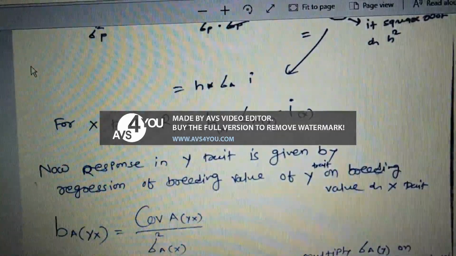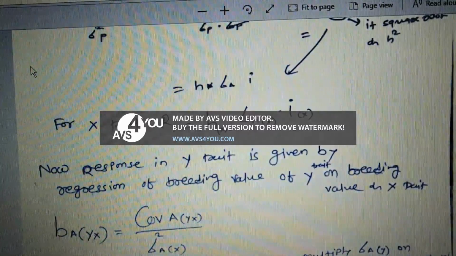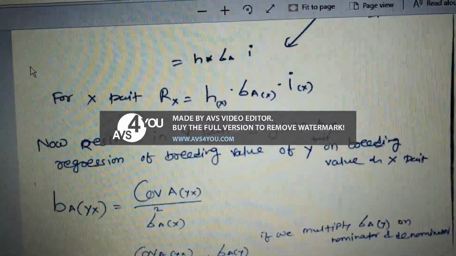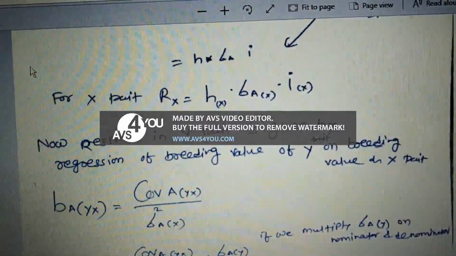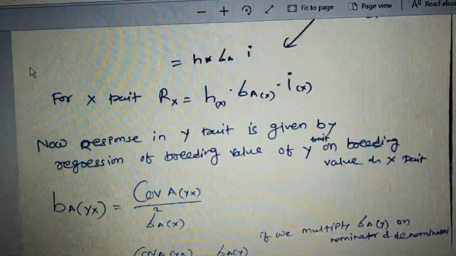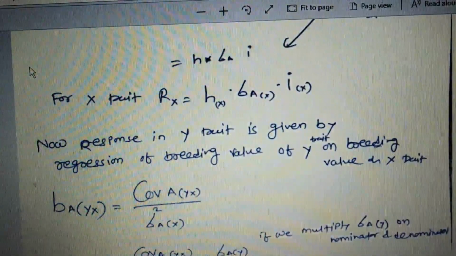Now, the response in the Y trait. Why do we get a response in the Y trait? Because the X and Y traits are genetically correlated. So for the calculation of the response in the Y trait, we can use regression: the regression of the breeding value of the Y trait on the breeding value of the X trait.